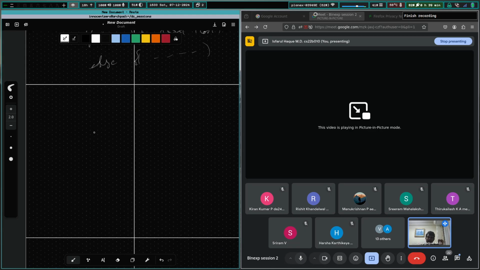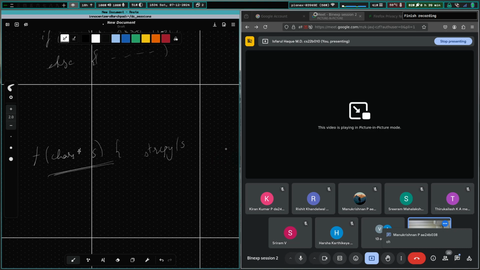Okay, I get your doubt now. So I can have a function f char star s. It has no idea of the size of s, but you can still do strcpy s.